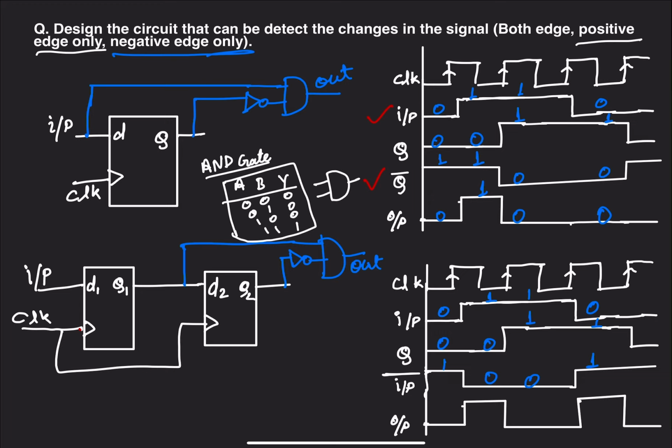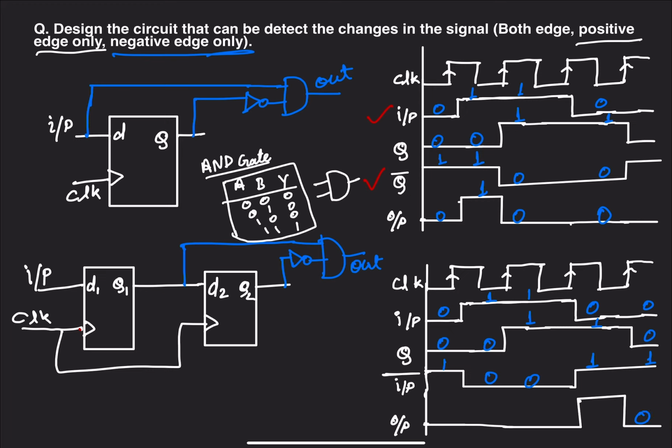So for that, first we have to remove this graph, and we have to detect only this part. So when input is 0, q is 1, and input bar is 1, and when input is 0, q is 0, input bar is 1, and our output becomes 0.